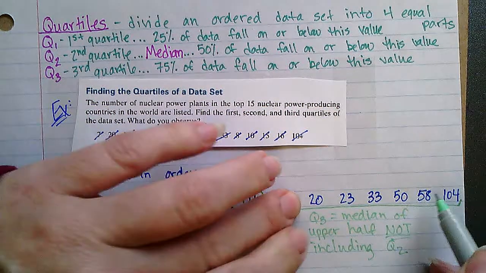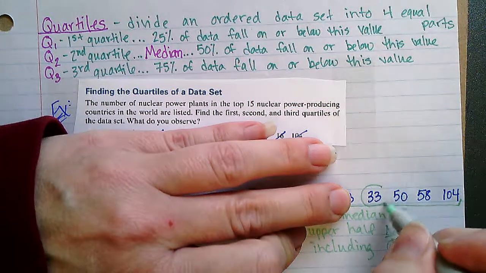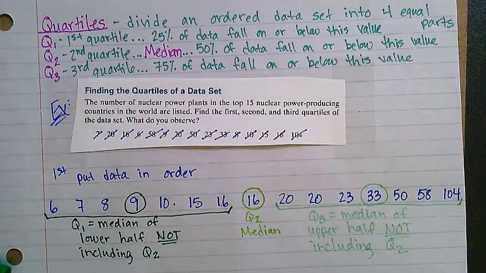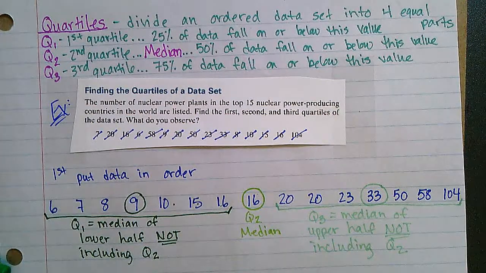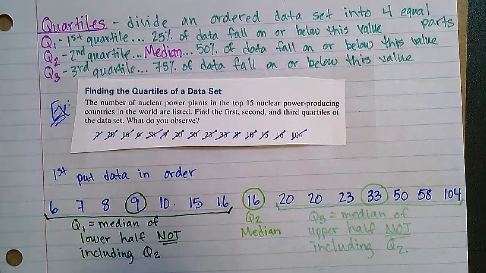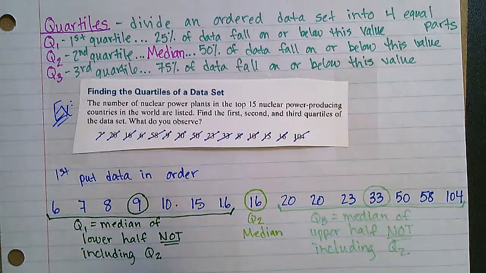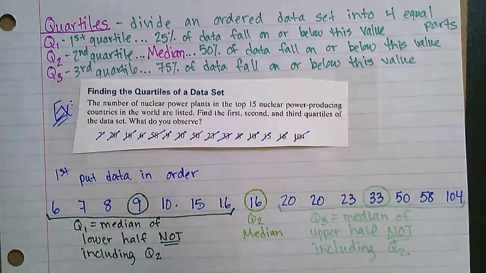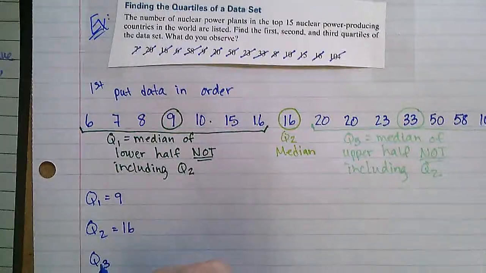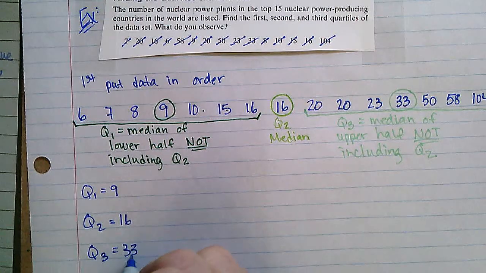So we count in, and that would be Q3. So our Q1 is going to be 9. Q2 is 16. And Q3 is 33.